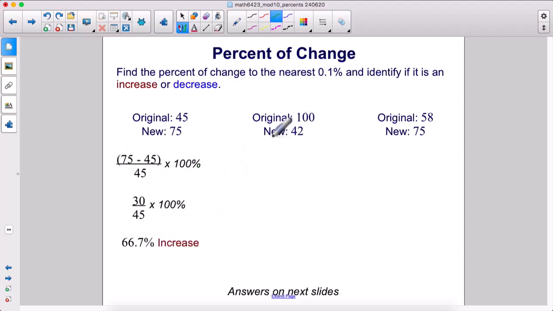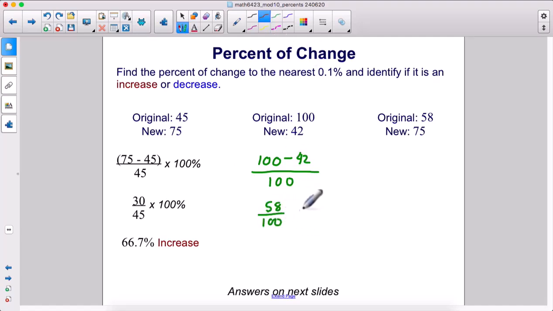Original, 100, new, 42. So this is going to be a decrease, but let's just do 100 minus 42 because that's how we're going to find the difference between them. Divided by the original, 100. Well, 100 minus 40 would be 60, so therefore 2 more than that would be 58. 58 over 100.